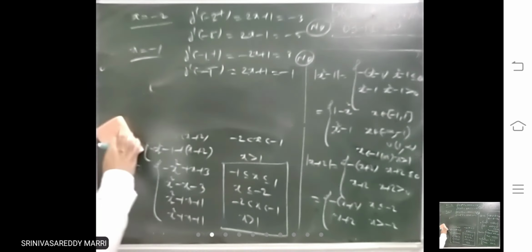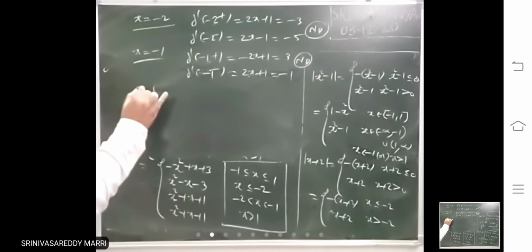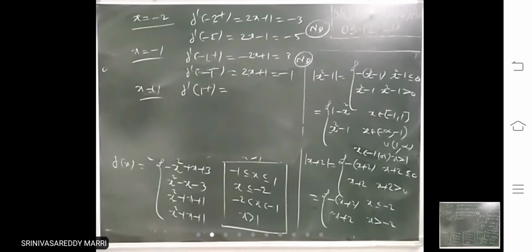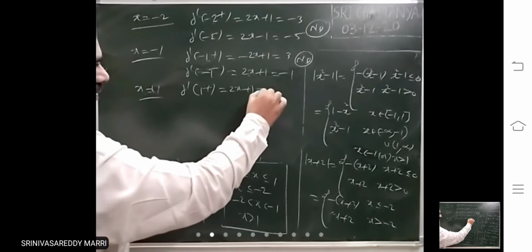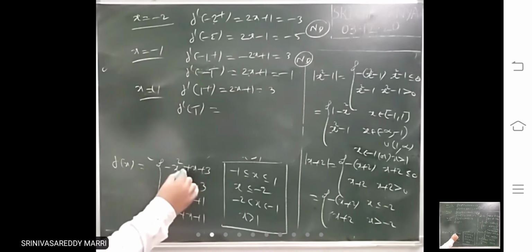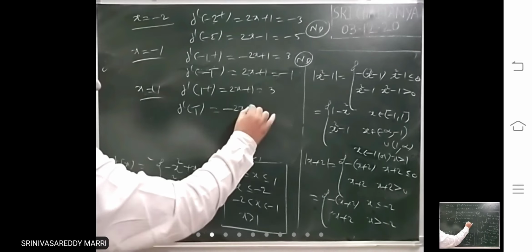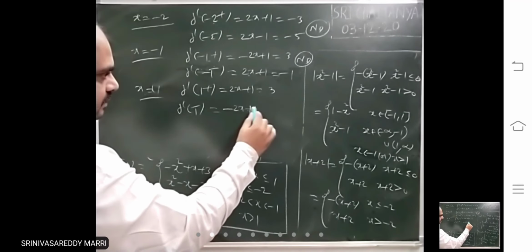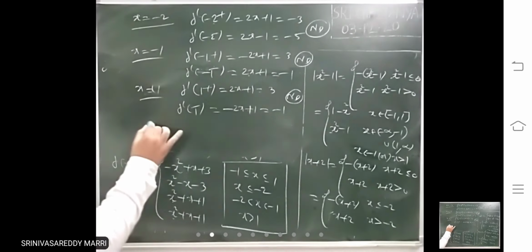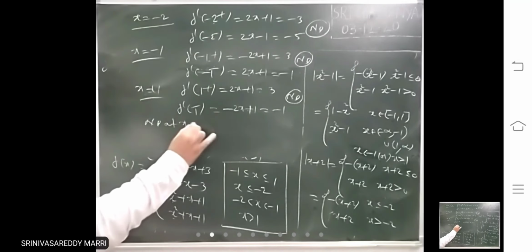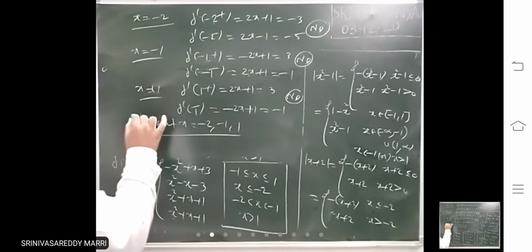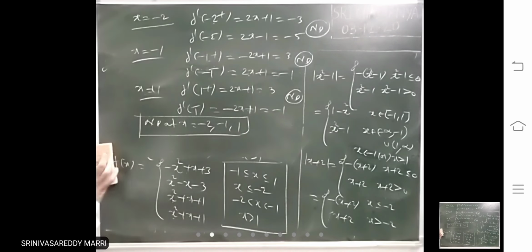Next point is x equal to 1. f dash 1 plus is 3. 1 minus gives minus 1. Therefore, not differentiable at 3 points.